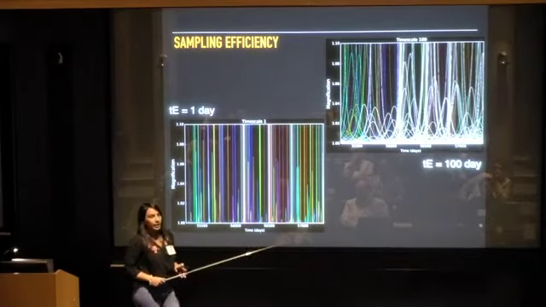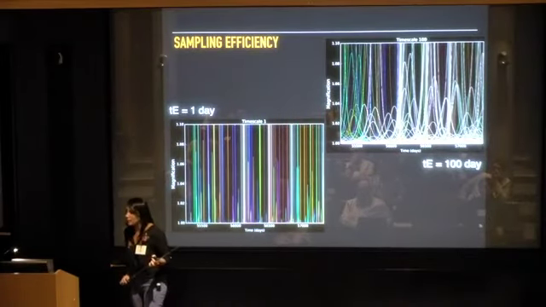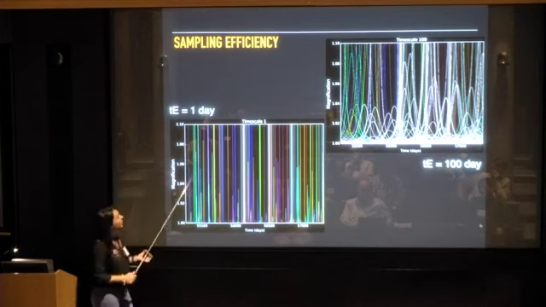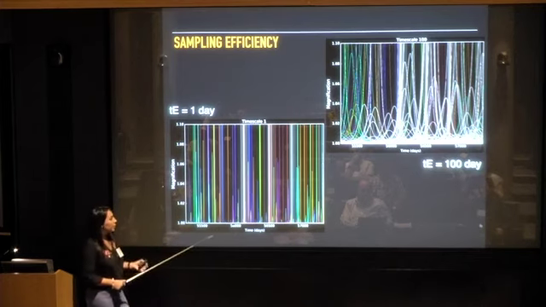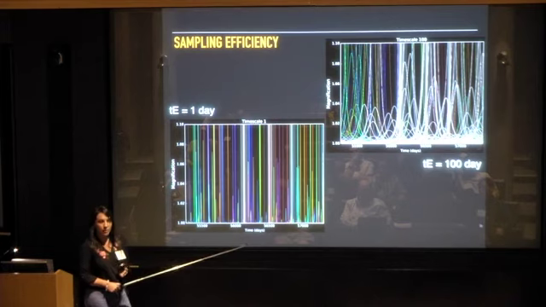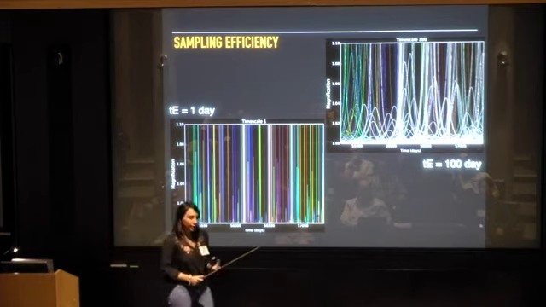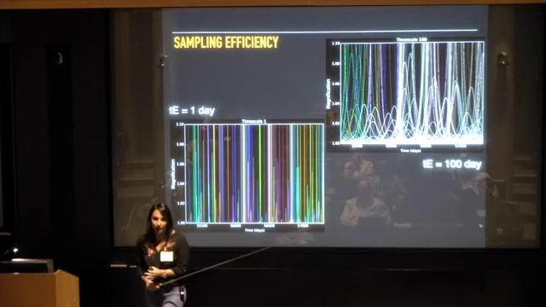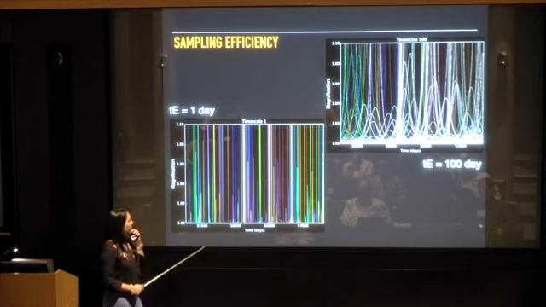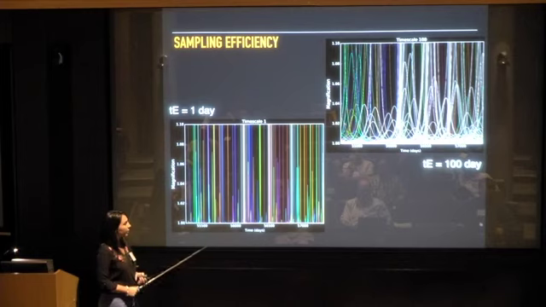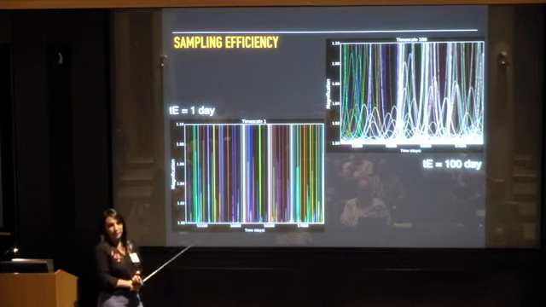Based on this, I decided to do a sampling efficiency, because of course we are not going to detect very short timescale events, because we are observing one observation per night at best. So what I did was create a Monte Carlo simulation of fake microlensing events, using the observations of each tile.